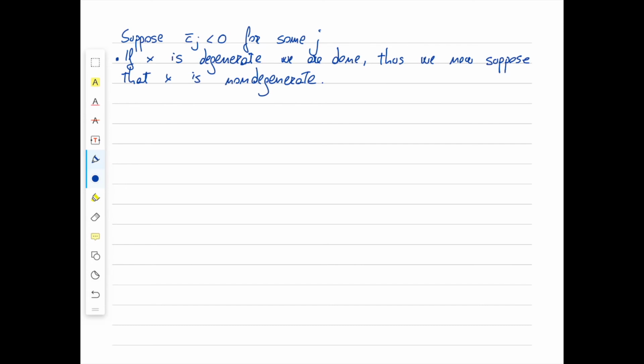So let me write it. Since the reduced cost of basic variables is 0, xj is non-basic.